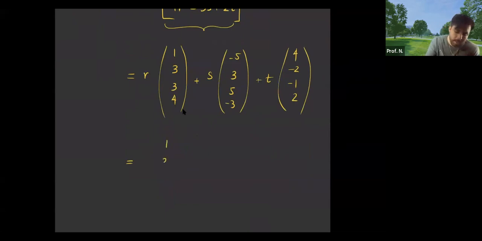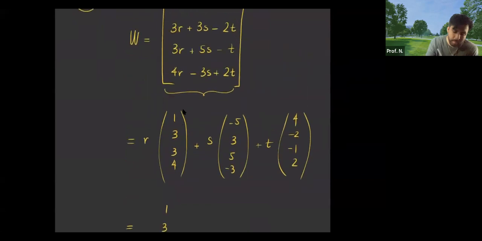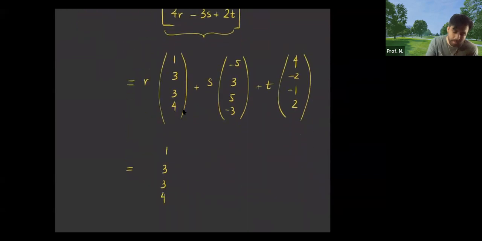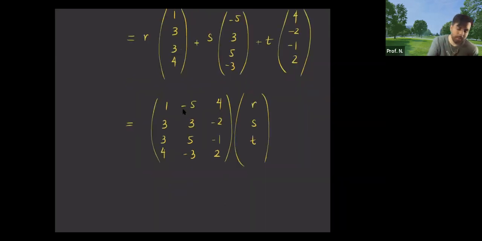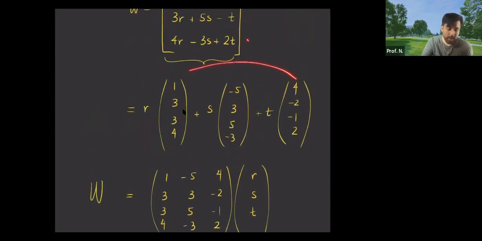So I can create a matrix that looks like this. Do you see that? So W is really the column space of A. It's the column space because when I multiply this, what am I doing here?